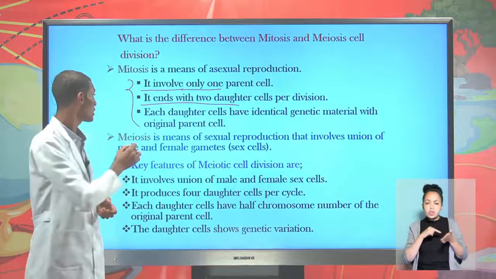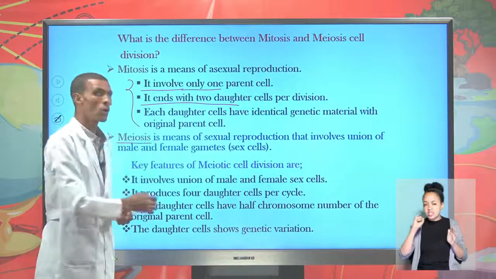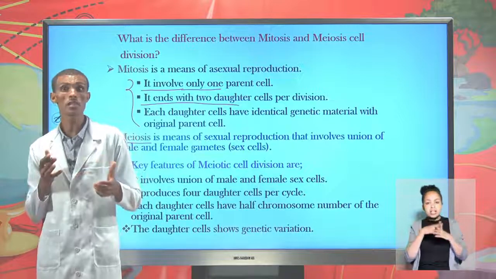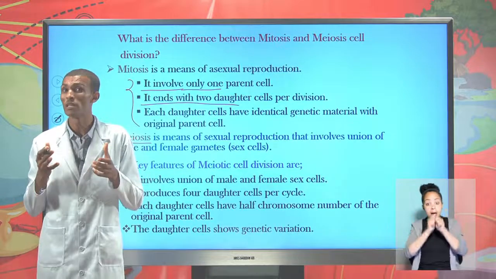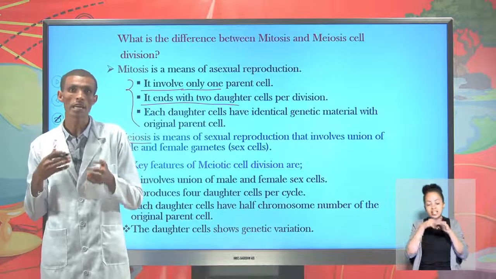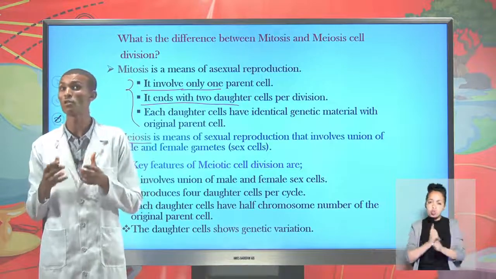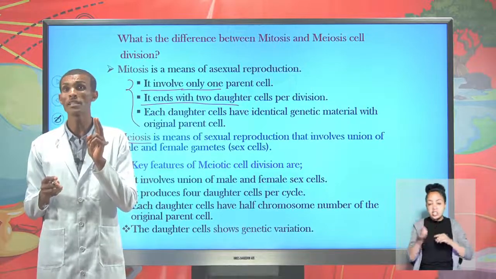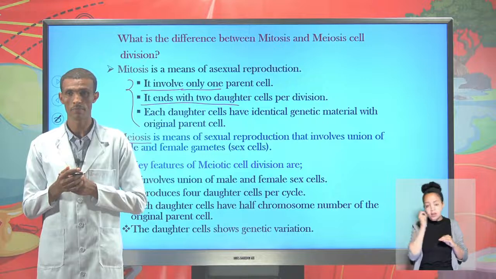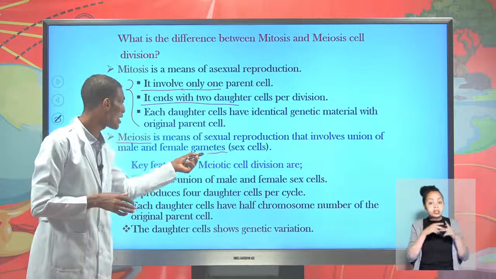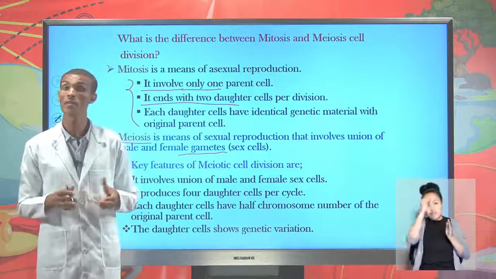Meiosis cell division is a complex and very important type of reproduction that takes place in living organisms, ensuring continuity of species over generations, where the involvement of two parents is mandatory, which means the process takes place through the union of male and female gametes.